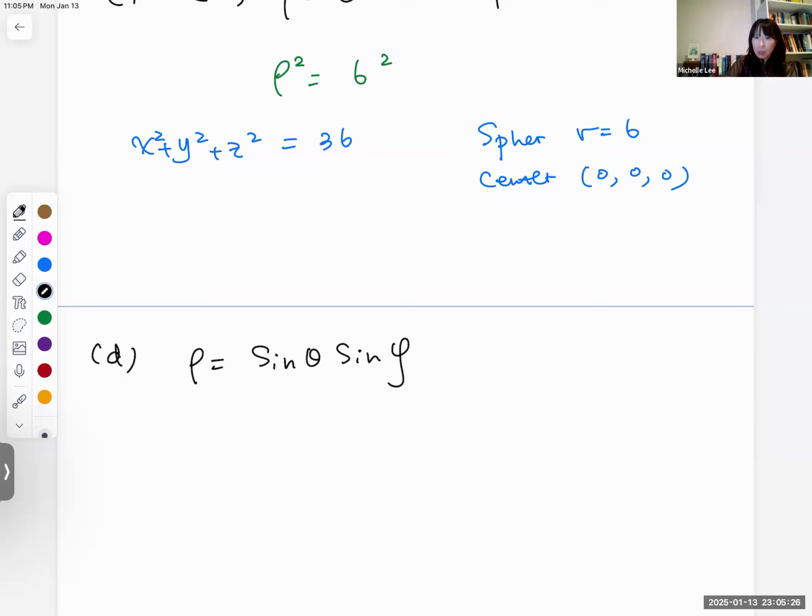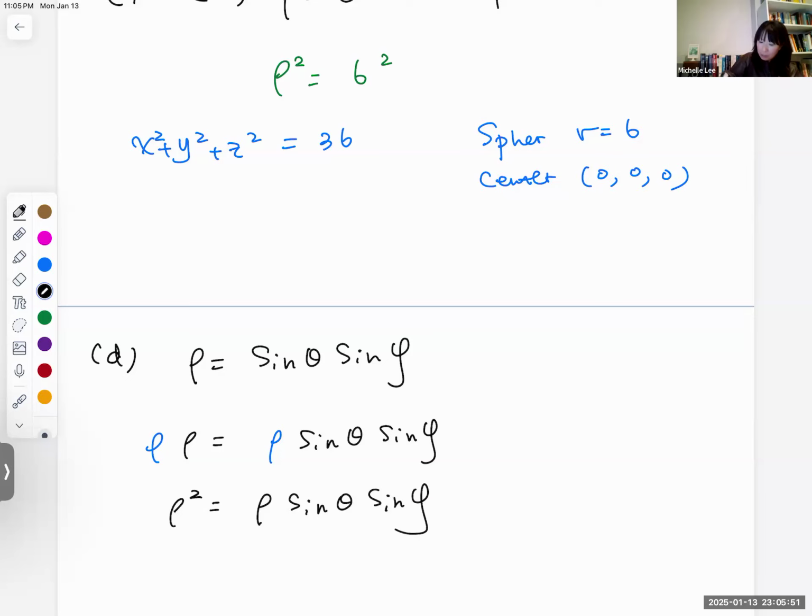So we make rho squared on the other side. So rho times rho. Then rho squared equal to rho sine theta sine phi.